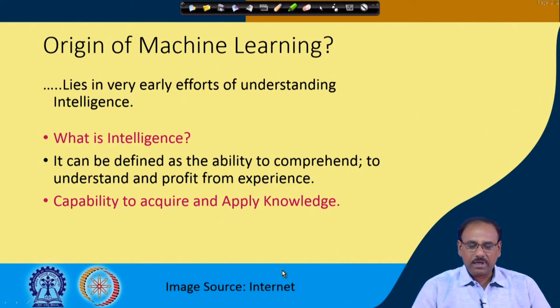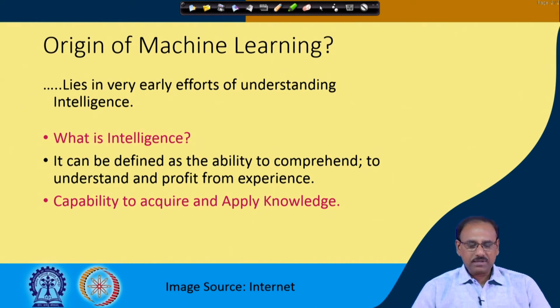So again, come back to learning. Let us see what is the origin of machine learning. The origin of machine learning, or the origin of learning as such, is nothing new. This lies in very early efforts in trying to understand what is intelligence.